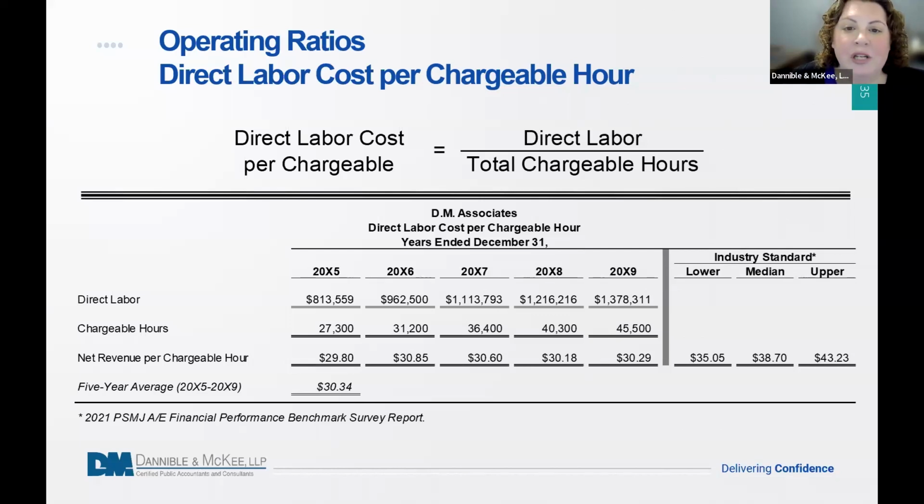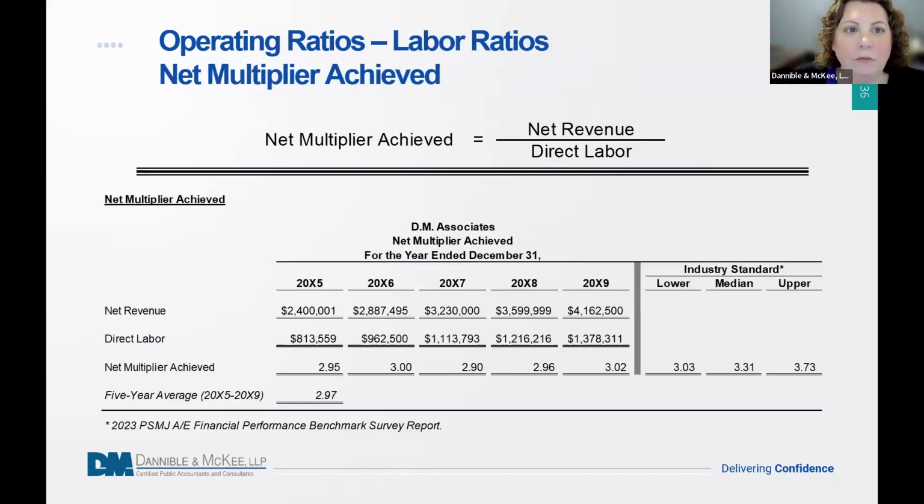So really understanding if I'm falling below that median, what's going on here. Did we have a lot of inefficiencies on jobs in the past month? Is that what's driving this to be lower? But really sitting there and analyzing where you're at for that.